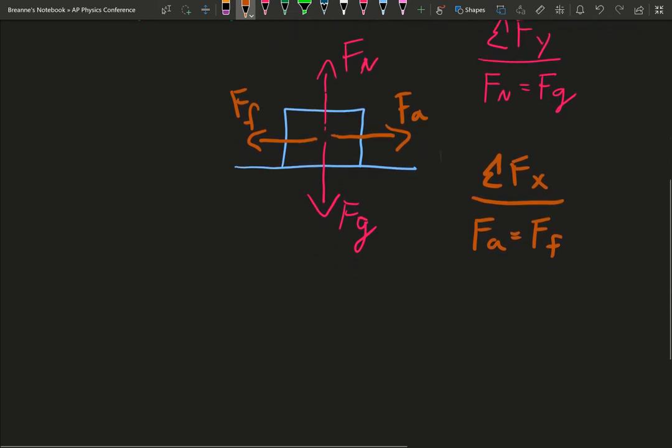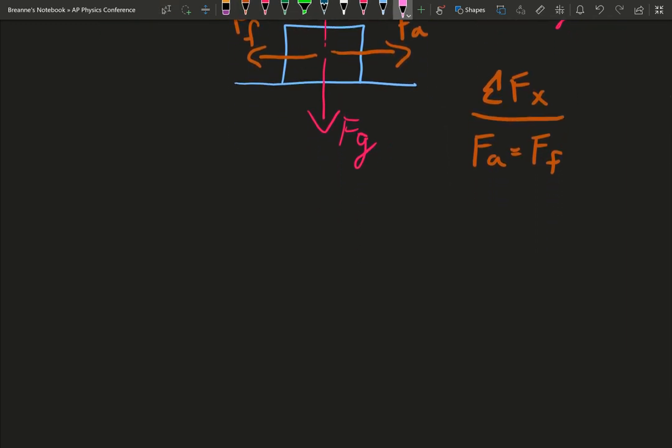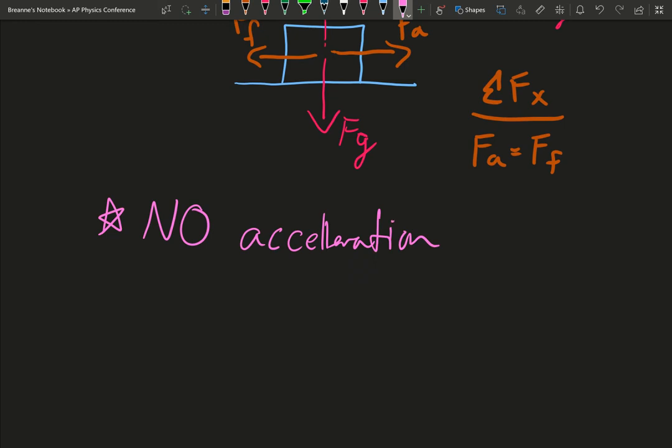Now, since your net forces are balanced, that also means that there's no acceleration. I can't spell acceleration all of a sudden. Imagine that. Okay, I'm going to pretend like that says acceleration.